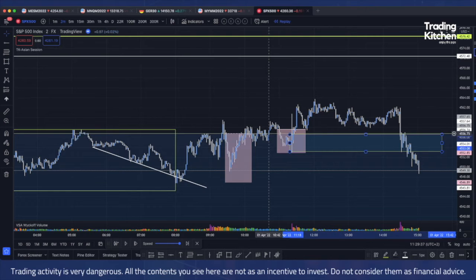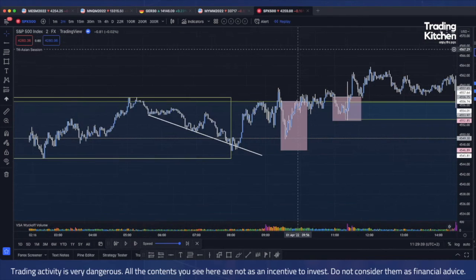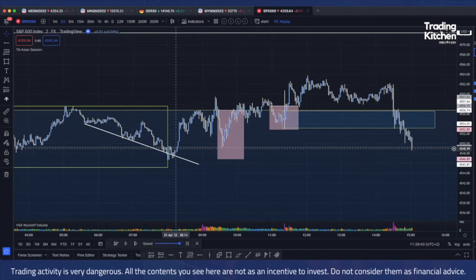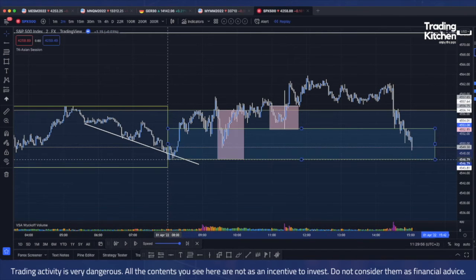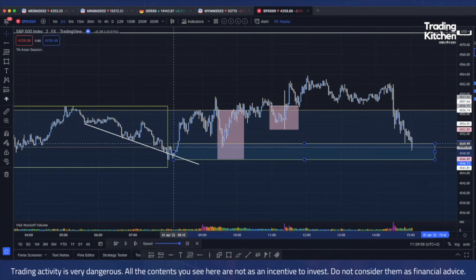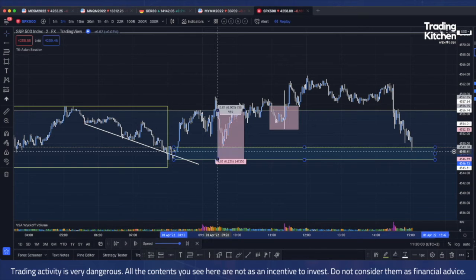So another good area in which we can find a trade is this one, because we have this bounce, okay, so it means that price could bounce here another time.